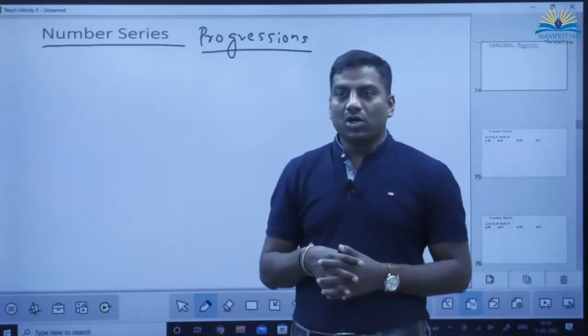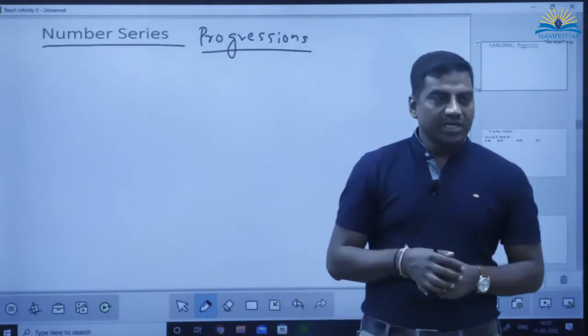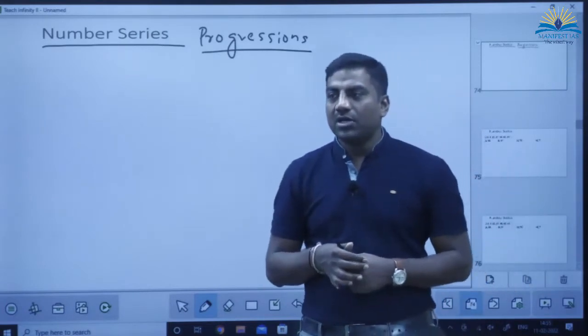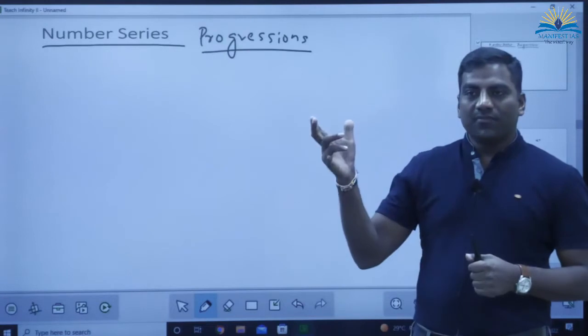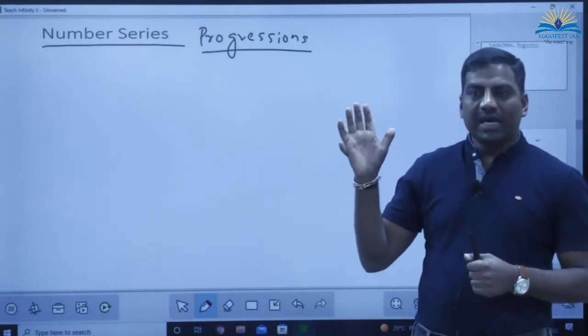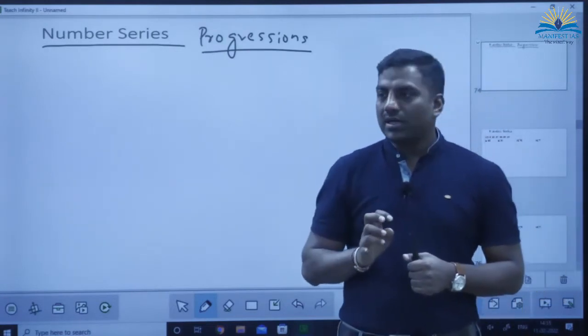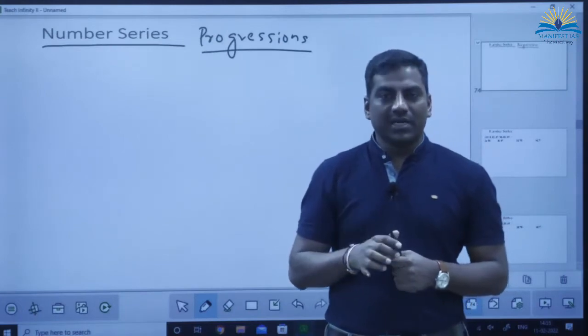Okay. When we talk about progressions in the very strict sense of mathematics, basically the first element and the second element have some arithmetic relation.